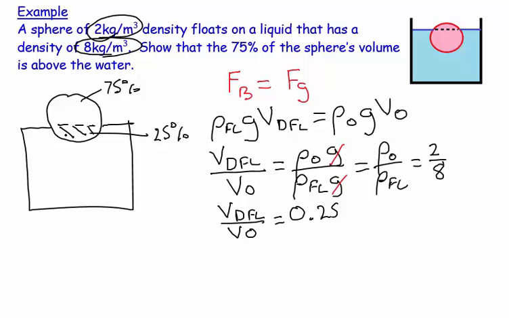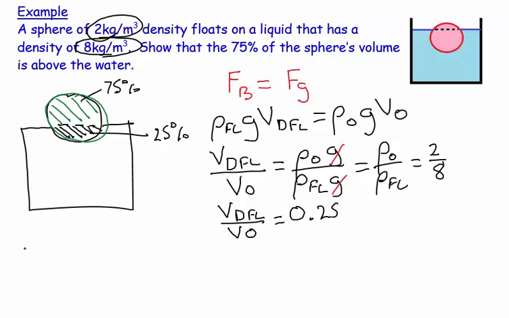Let's go back to our diagram. The volume of the displaced fluid is the bit that's under the water, and the volume of the object is the entire, in this case, sphere. I'm asked to show that 75% of the sphere's volume is above the water. So I'm being asked to compare this with the entire shape. So it's just another step.